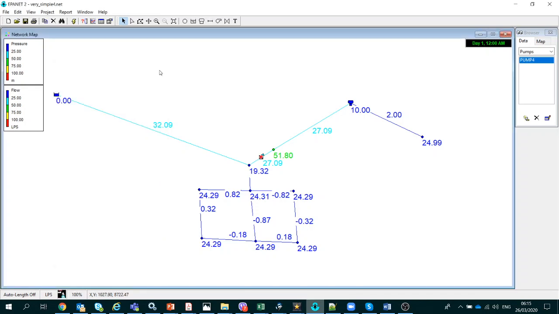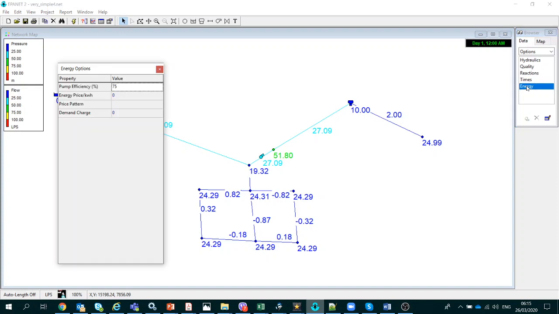Right. Now let's also go to options, energy options, double click, energy price. Now for this case, let's use any of the local currencies. Let's say the energy price is 5 rupiah per kilowatt hour, commercial rate.